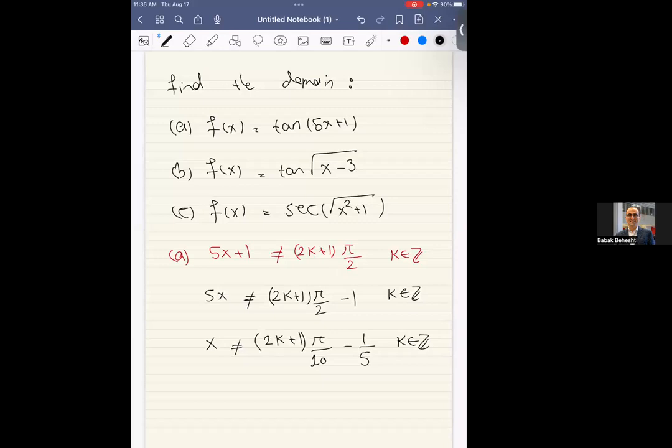So all numbers except these, which are basically odd multiples of pi over 10 minus 1 over 5.